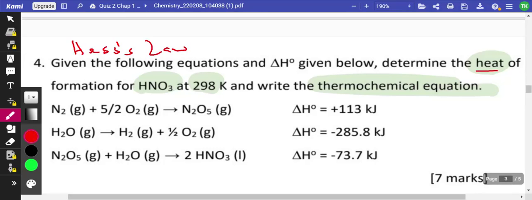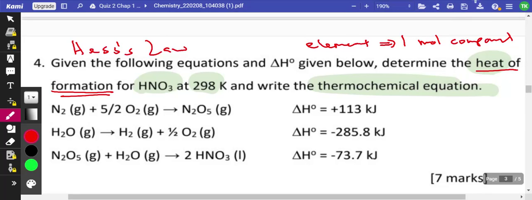First of all, it says determine the heat of formation. Determine the heat of formation means it must be from elements to form 1 mole of compound. Most students didn't memorize the definition, and the emphasis for heat of formation is the formation of 1 mole of compound.